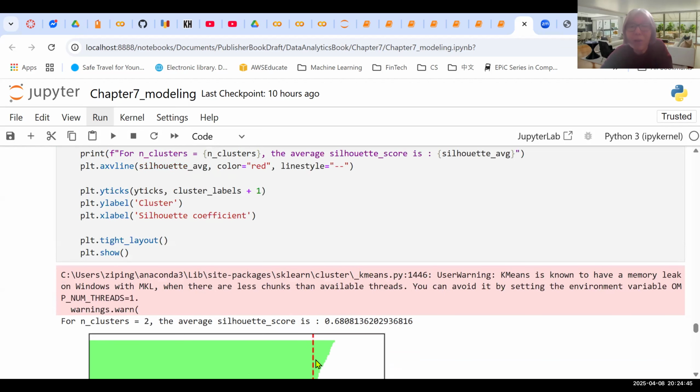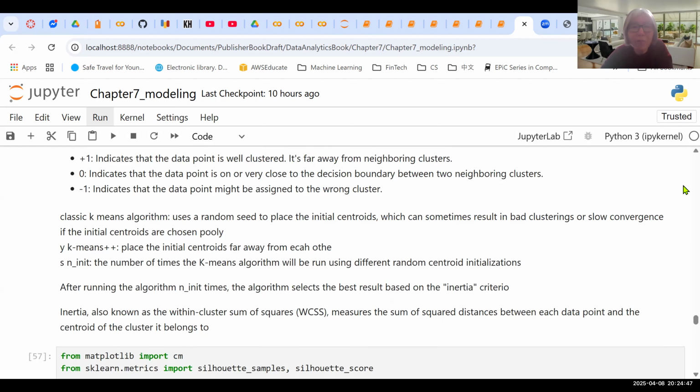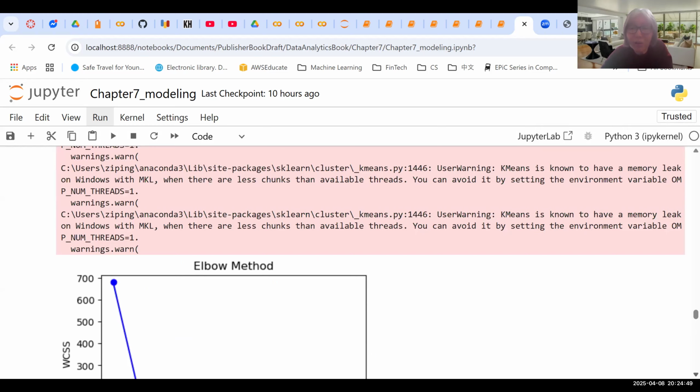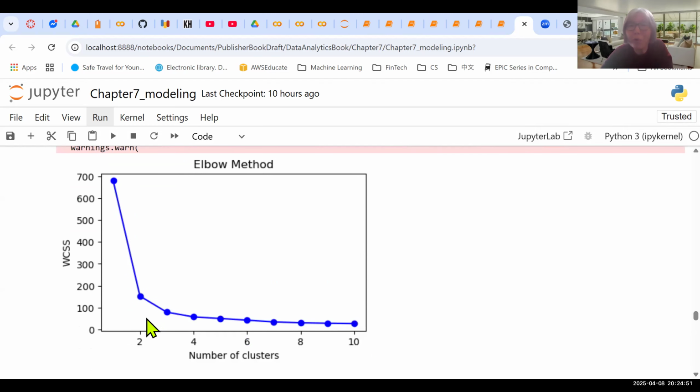But comparing the silhouette value, and if we combine both with the elbow, with three clusters, it's optimal, is it, if we combine both, okay? So that's why over here you see, okay, we can select the optimal number of clusters as three.